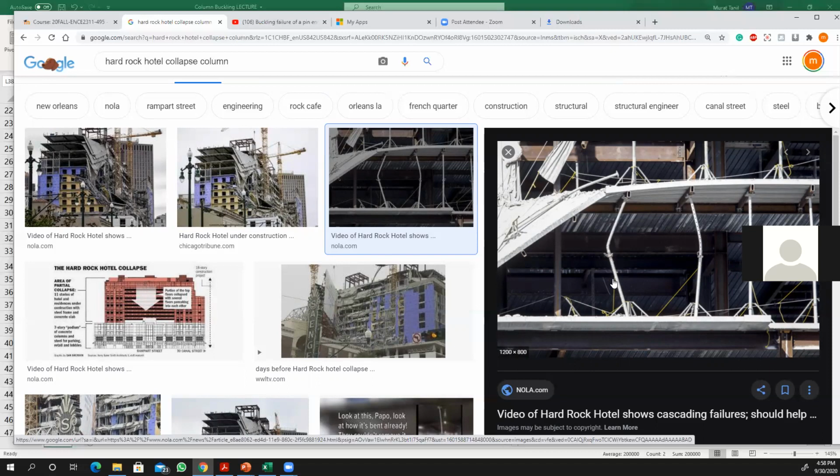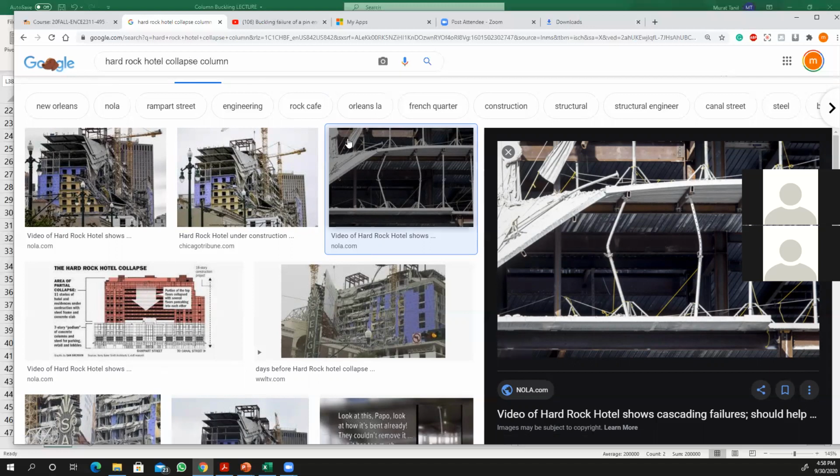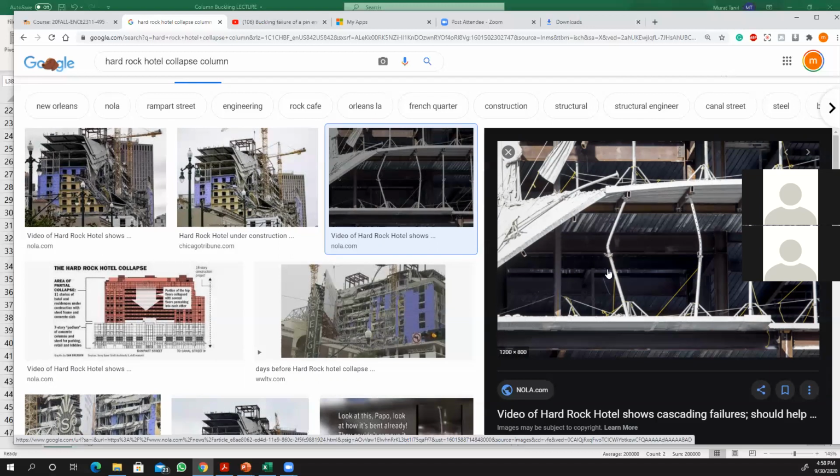But instead of the steel that they used, if this was cheap steel, 36 KSI, they could have used a better material with higher strength. This will increase your critical buckling load. Or they could have increased the diameter. If you have a thicker, sturdy column, you could have prevented this buckling.